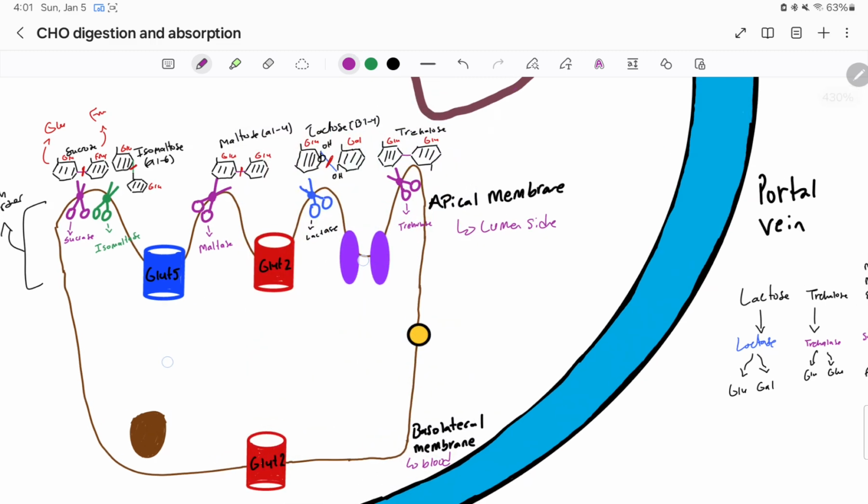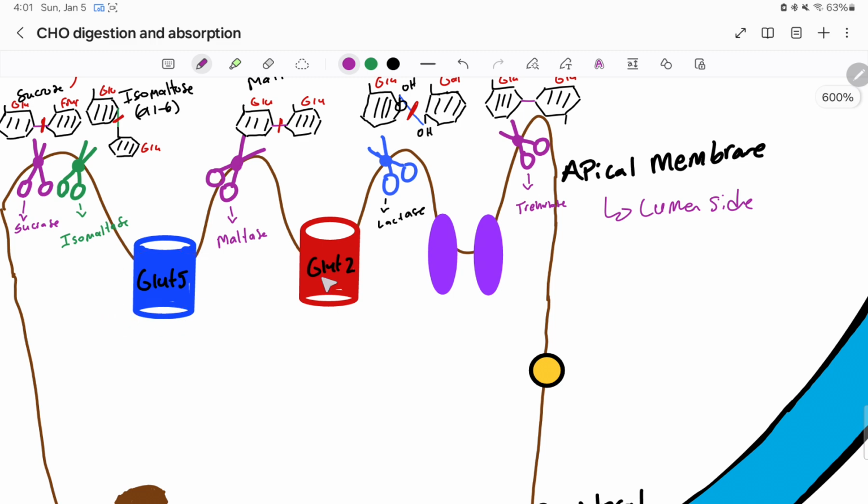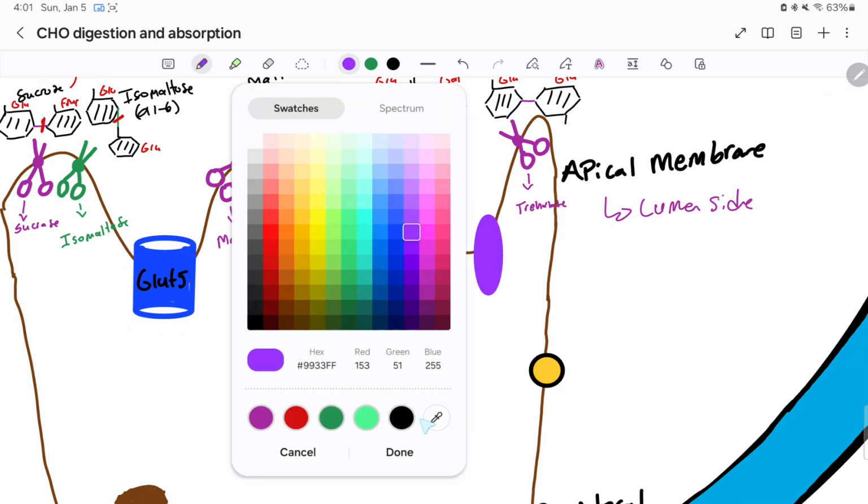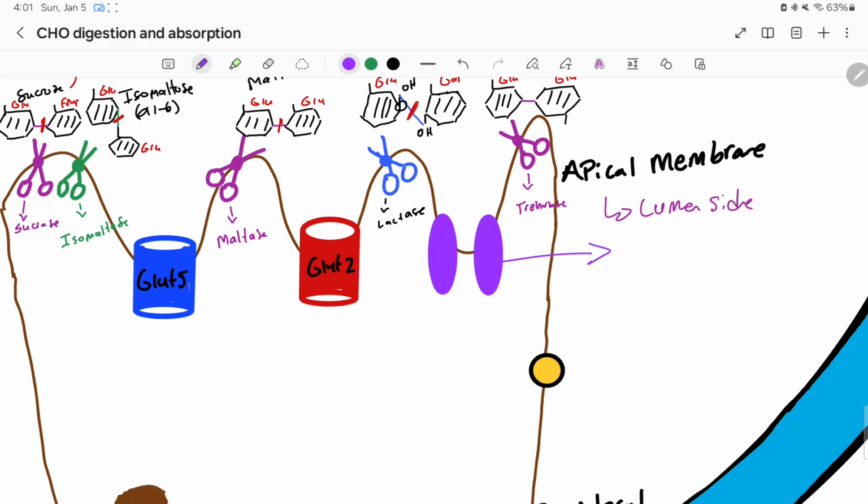We have GLUT5 and GLUT2, and we have this other one here. This guy is called SGLT type 1. SGLT stands for sodium dependent glucose transporter type 1.